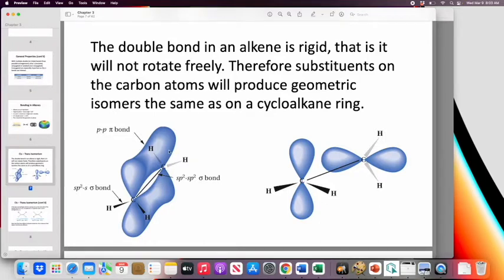So if we looked at each of these carbon atoms and pictured, I'm going to try to draw it on there, good luck to me, these peanut-shaped things, each one of these carbons has that peanut-shaped orbital going on.